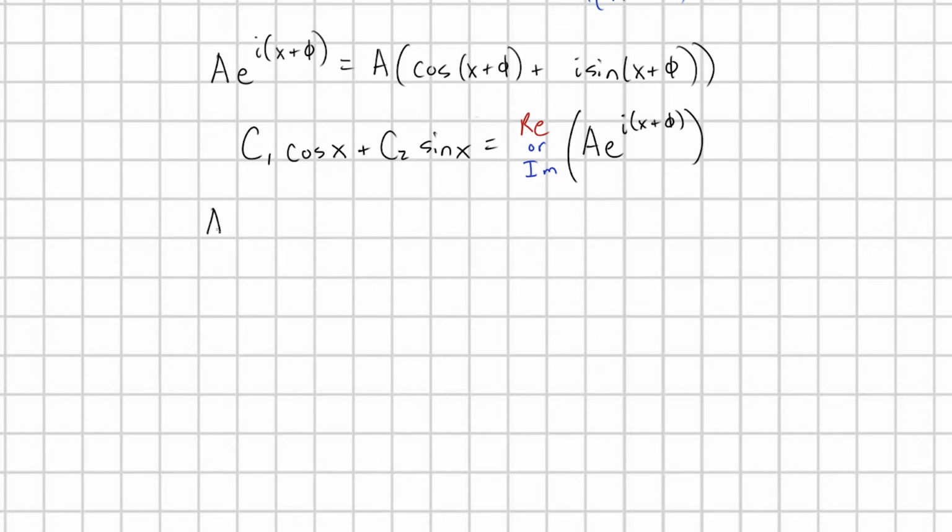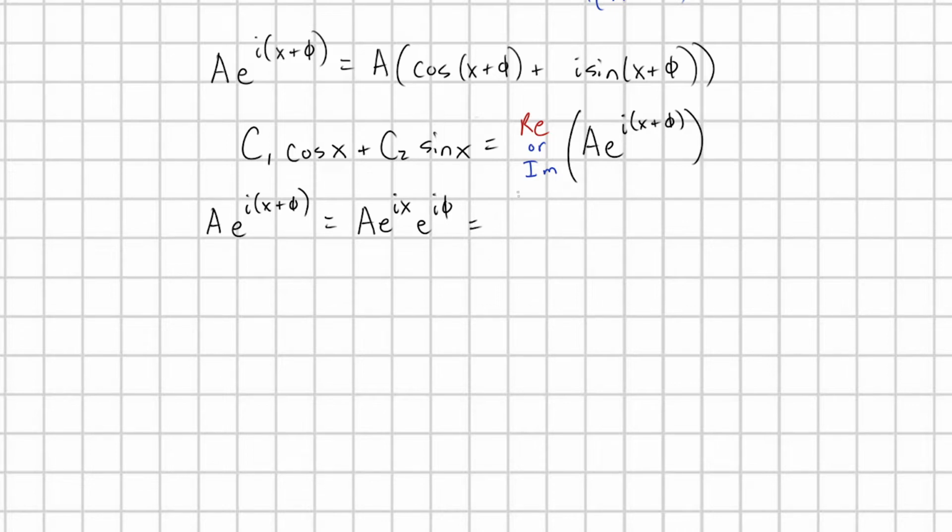Watch this. If I have A times e to the i times x plus phi, I can simply write this, since it's a sum in the exponents, as A times e to the ix times e to the i phi. We all feel good about that step.